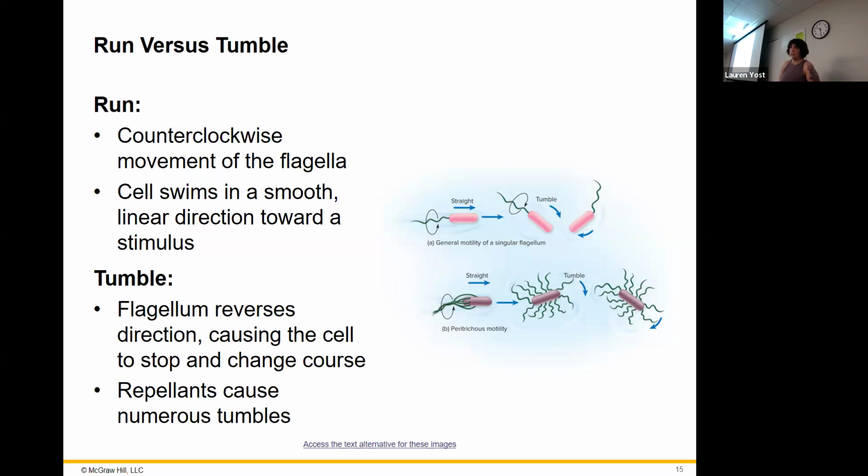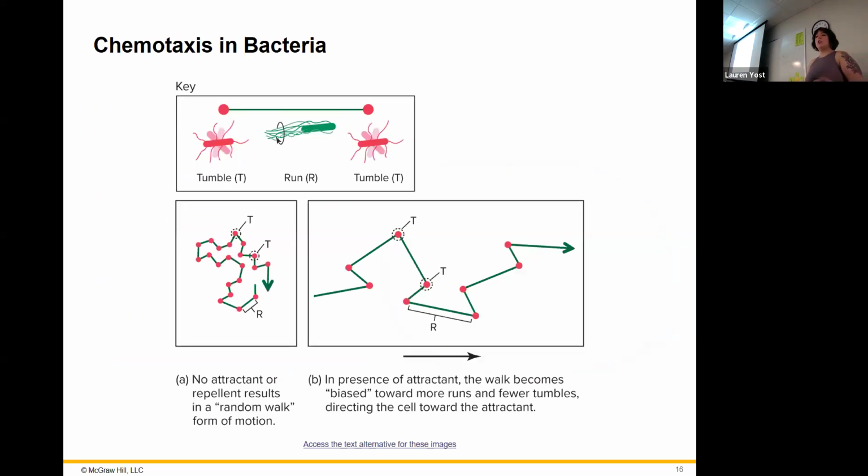But you can imagine that if somebody has just one flagellum, then they can only have that one flagellum doing the work for them. But if the guy has a whole bunch on the outside, you've got more that you can use. You can spin some of them and not others to control your movement. And they can do that actually. So it's pretty useful there. So here's a picture of what it would look like if your bacteria were moving around.